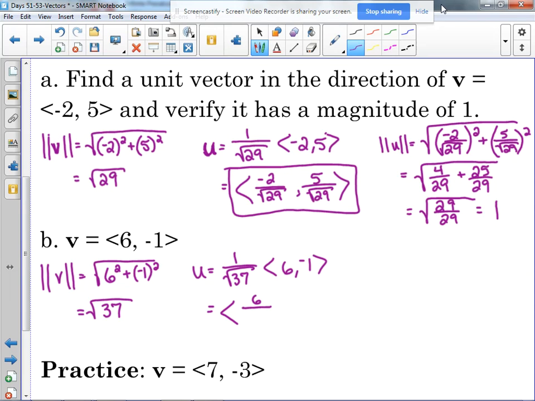So that's going to be 6 over the square root of 37, -1 over the square root of 37. We don't really need to verify it again. It's going to turn out the same way every time.